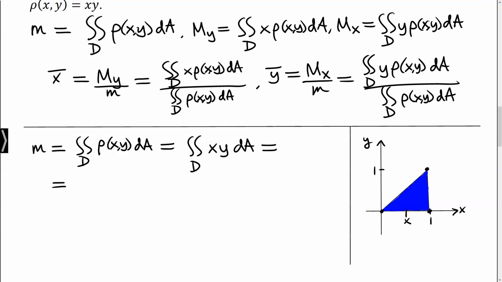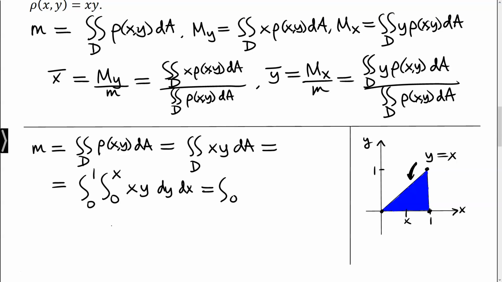So for fixed x, this is y equals x. So we're going to go x from 0 to 1. And then for fixed x, y goes from 0 up to x. So the integral from 0 to 1, the integral from 0 to x of xy dy dx. We integrate with respect to y first. So that's going to be x times y squared over 2 from 0 to x.